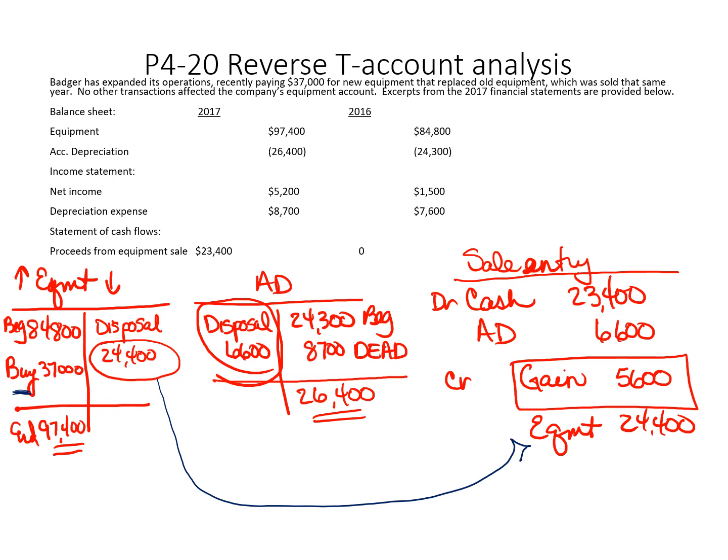In addition, when we look at accumulated depreciation, it started the year at $24,300, ended the year at $26,400, and we know that the amount of depreciation expense this year was $8,700. Now, we wouldn't put depreciation from 2016 in the accounts that are for 2017.